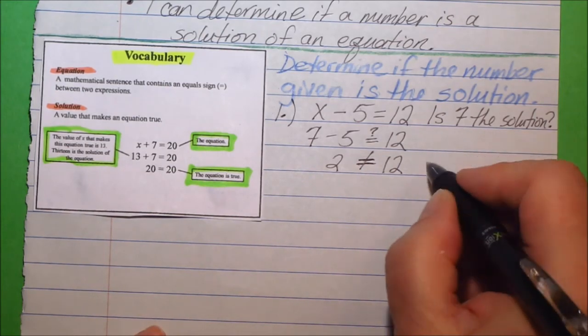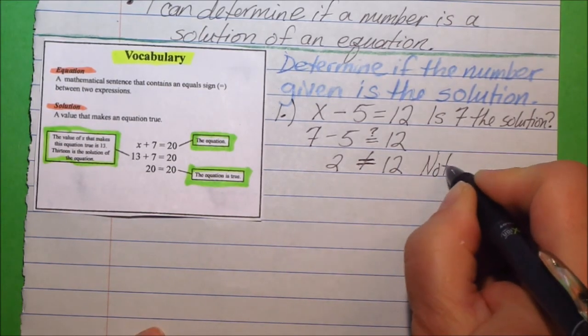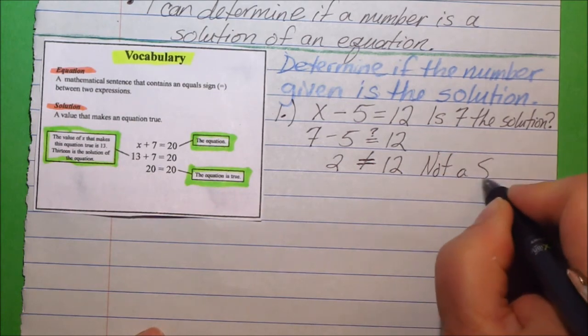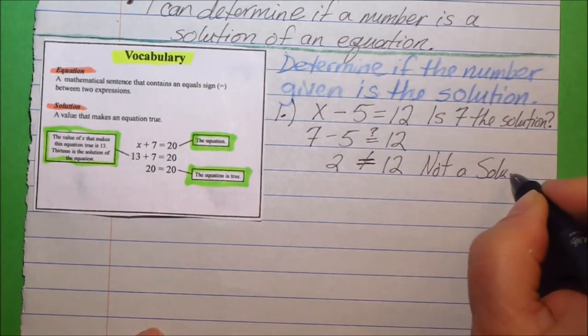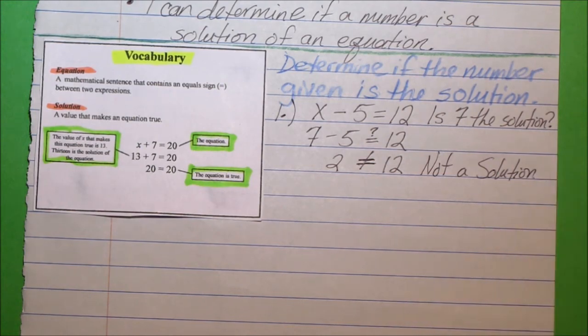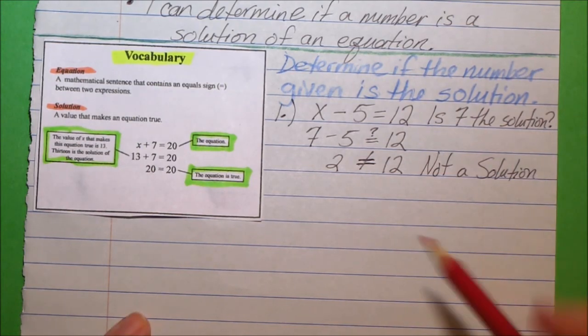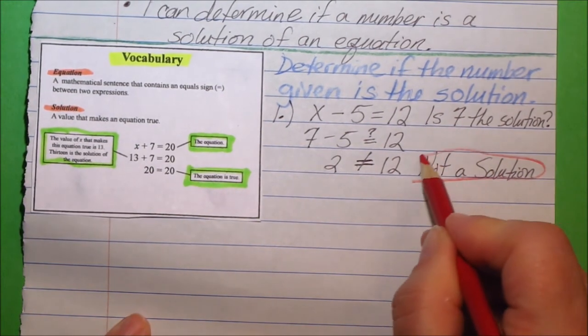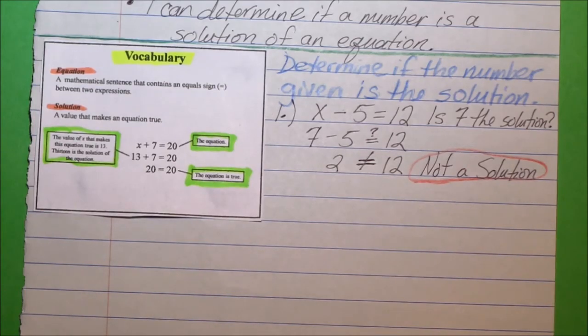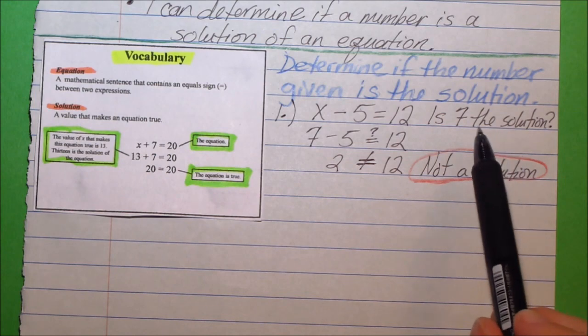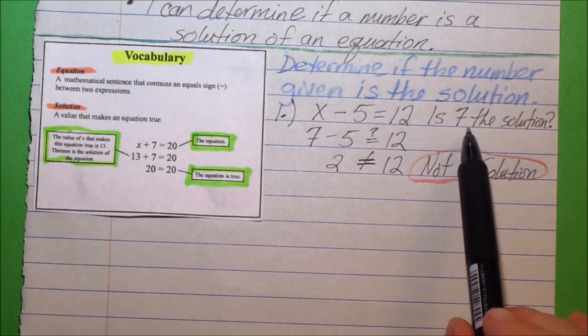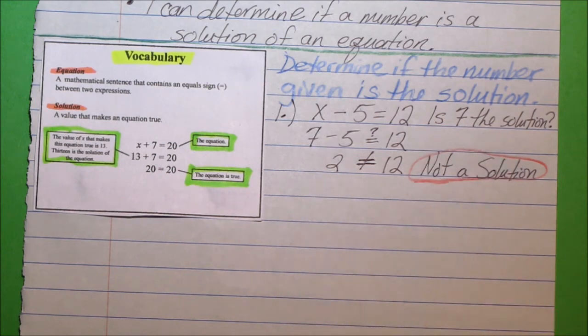And then over here we would write not a solution. So our answer for is 7 a solution? It is not a solution. That's all it is. We just take what they are asking us, is it a solution, plug it in for the variable, and prove whether it is or whether it isn't.